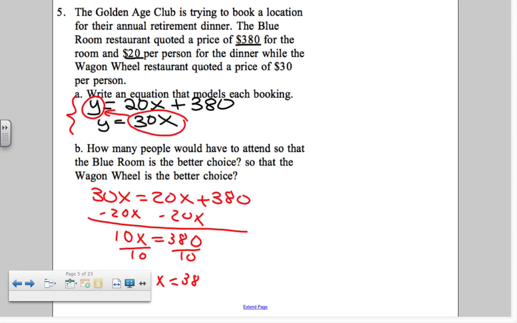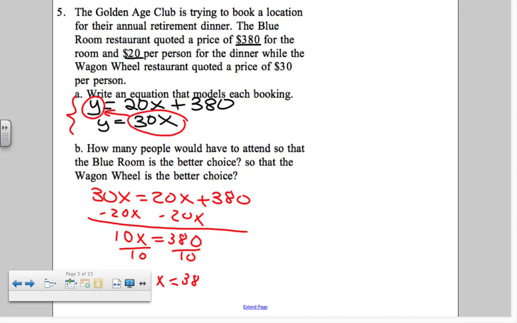And if you check that by substituting them in there, if you put 38 into each equation, you would get the same y value, or same cost. So what that tells you is, if it's 38 people, it would cost the same at both places.